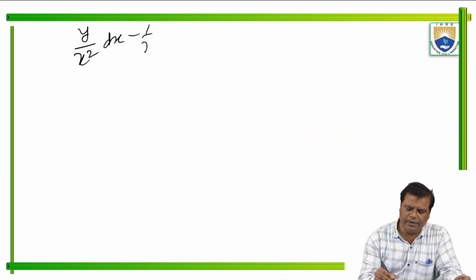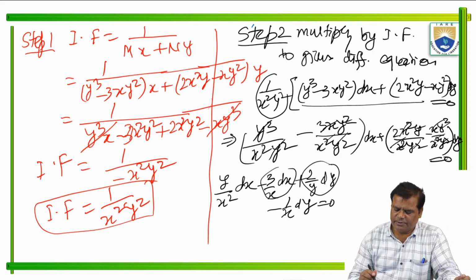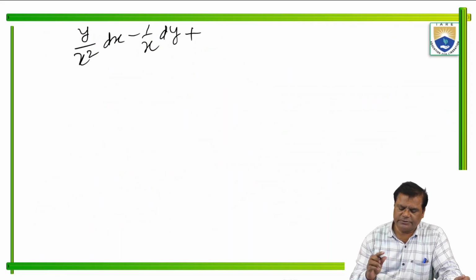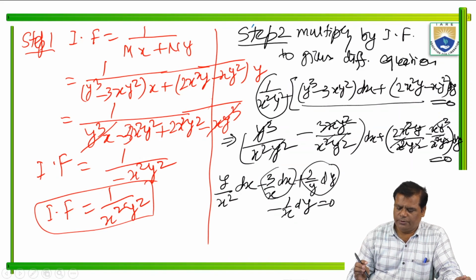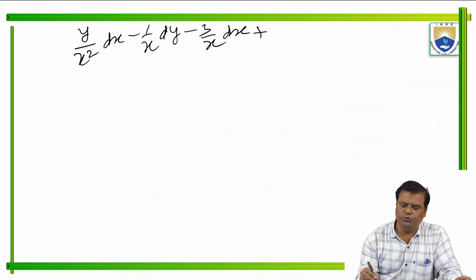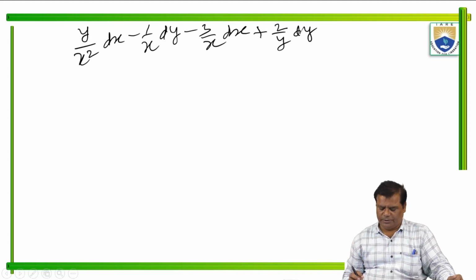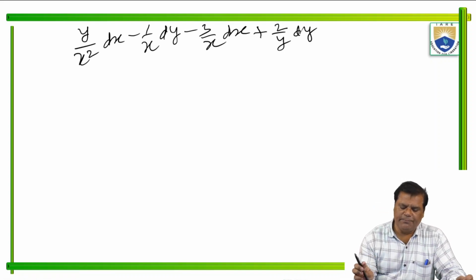And plus, next term, minus 3 upon x dx, plus 2 upon y dy. Okay, these are variables separated.